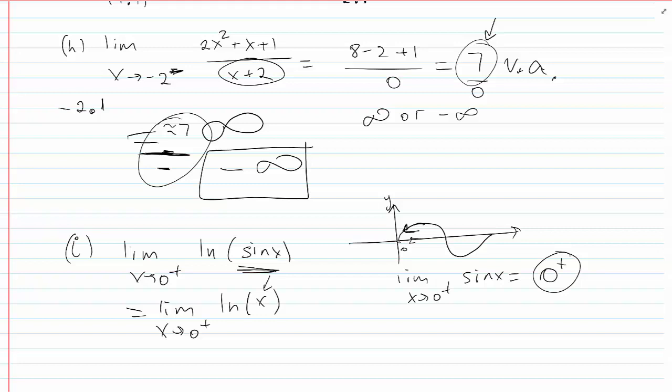But it's a positive 0, quote unquote, meaning that it's coming from the right side. And then going to the natural log function that looks like this, the limit as x approaches 0 from the right side goes down. You see how the graph is going this way? So that is negative infinity. Alrighty? Okay, so we'll resume in another video.